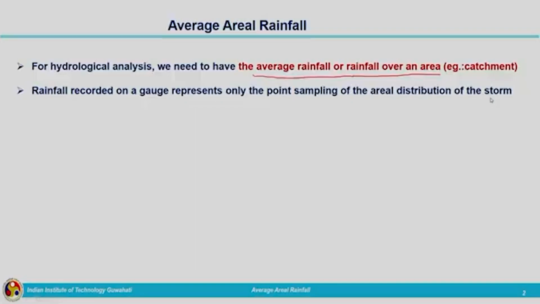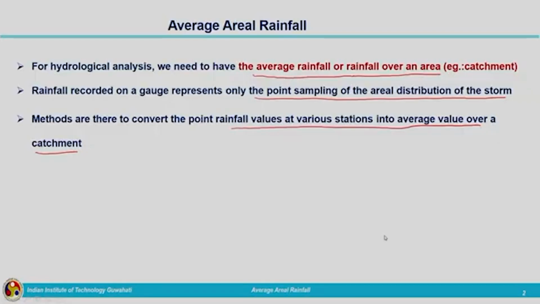That is what we are interested in from the hydrologic point of view. Rainfall is recorded at the gauges. We have seen different methods to measure rainfall: rain gauges and also remote measurements such as satellite and radar rainfall measurement techniques. But here I am talking about the rainfall data from the rain gauges. Let us have a look into these methods.